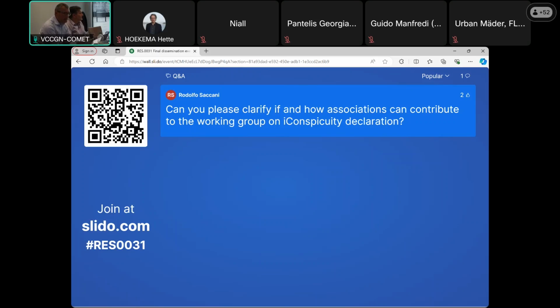And we will invite them to start discussing within their organizations if and how they can support. What I expect, from the informal talks I have had with some NAAs, is that some NAAs are willing to support the declaration as framed today since the start. So we may initially have EASA and some NAAs already on board from the start. And we have some GA associations also very much interested.